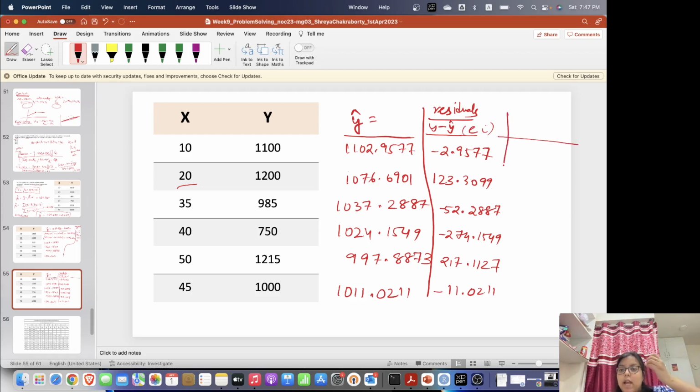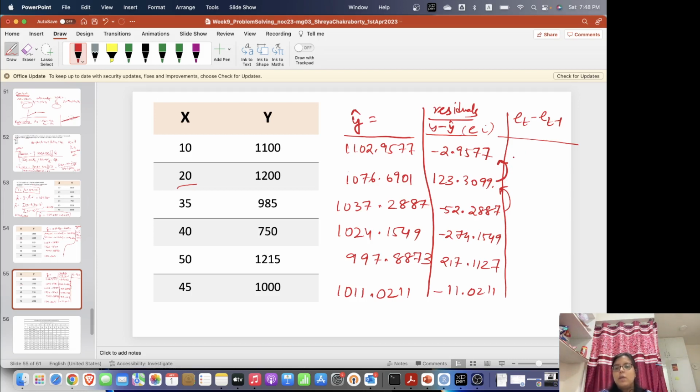Then I have to calculate et minus 1. So this one minus this one, like this we have to go. Actually it's the same thing because anyway we are going to square it up, but still.